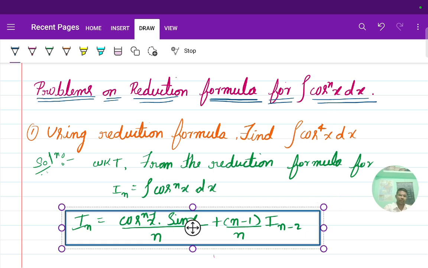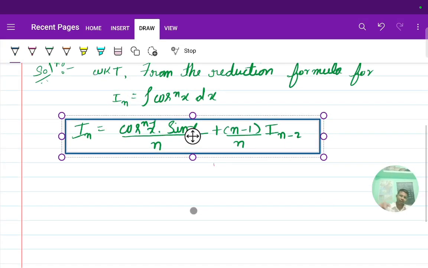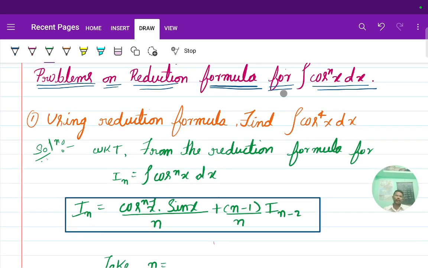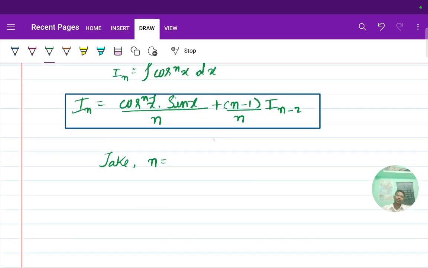Now, by considering this, let us take n is equals to what they have given in the question, that is 4.